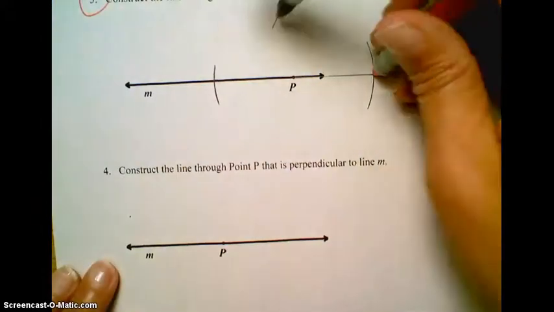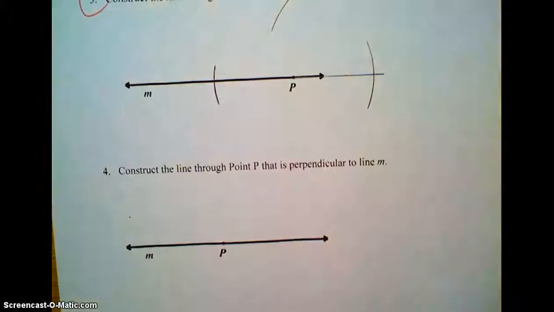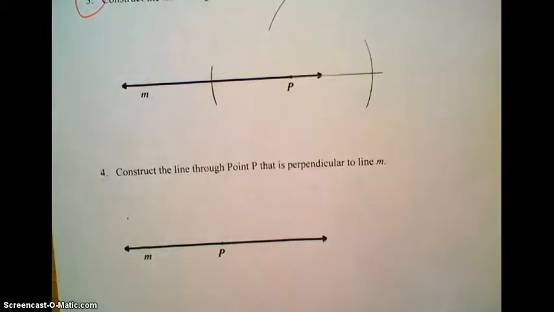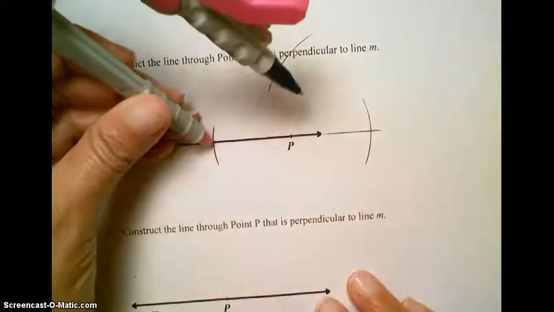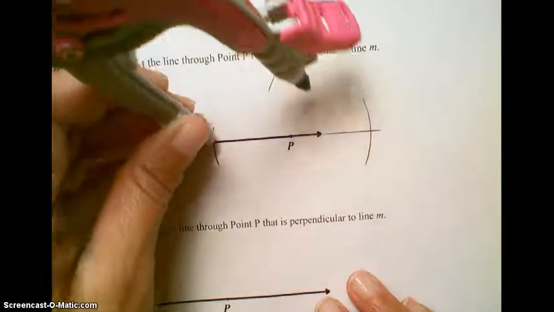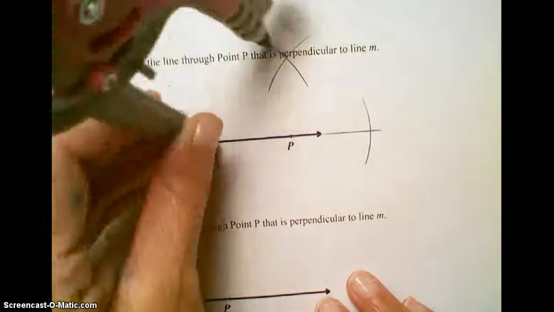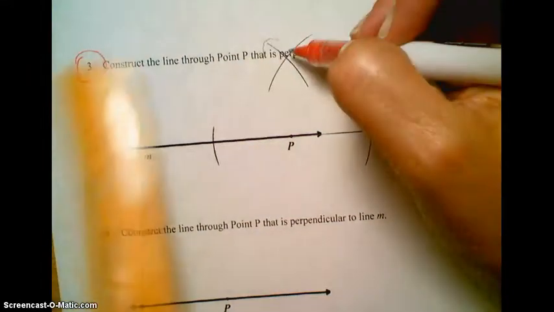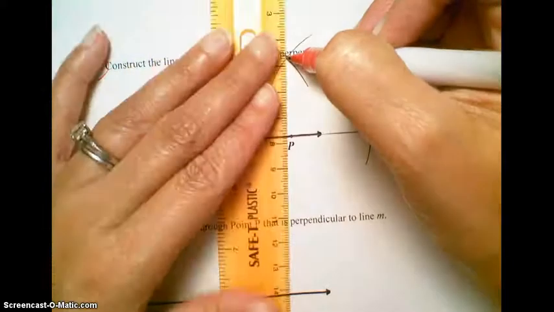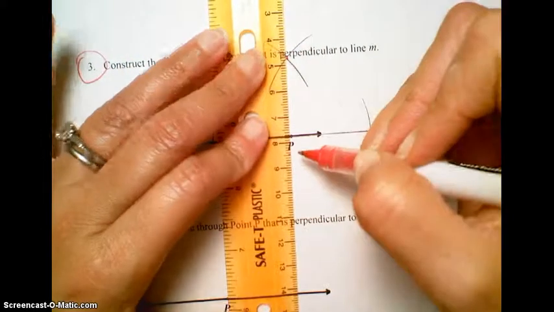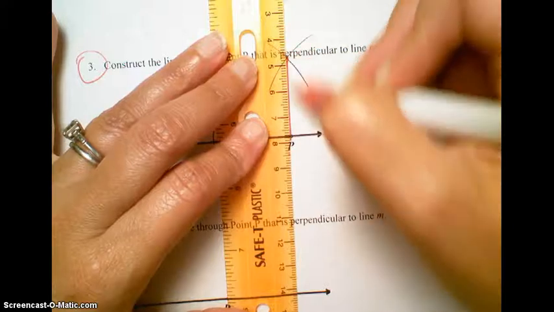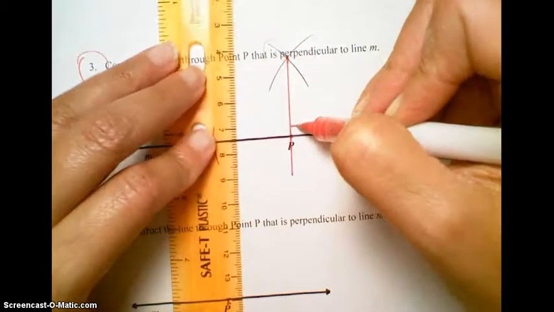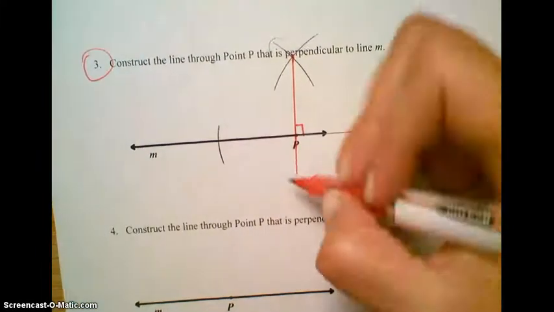I make an arc mark. I then maintain the same radius, go to the other endpoint, and make a second arc mark. I then line up my intersection point with point P, and I connect the dots and draw my perpendicular.